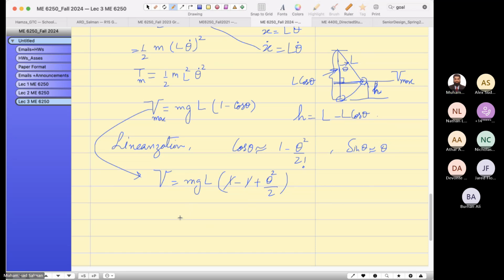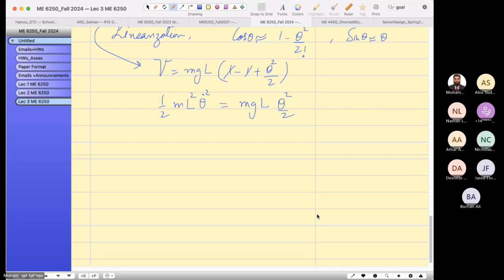So T max, we already found, is over here. Half m L squared theta dot squared is on the left hand side. mgL theta squared over 2 is on the right hand side. Now I want to find what theta is in simple harmonic motion.